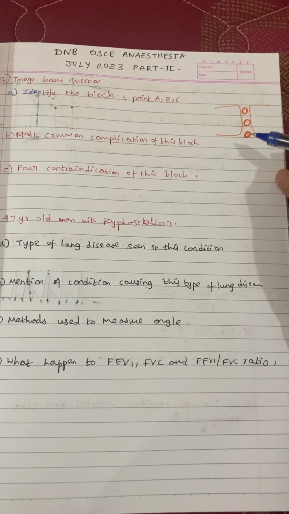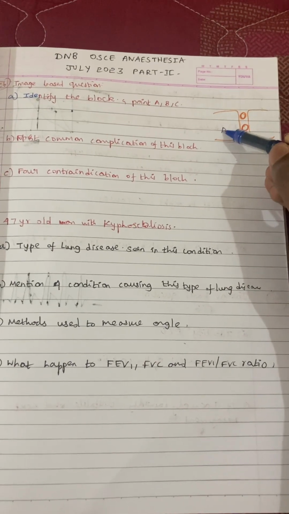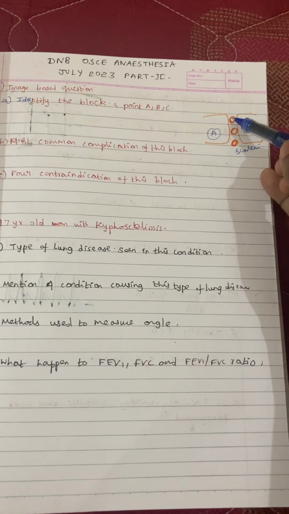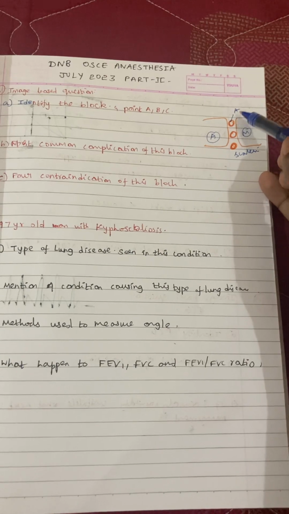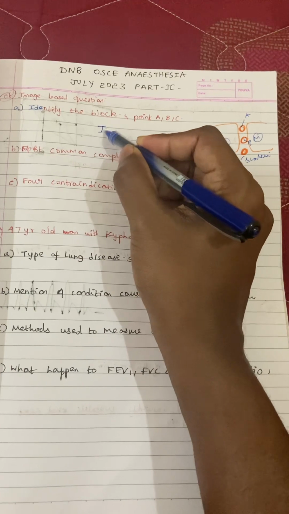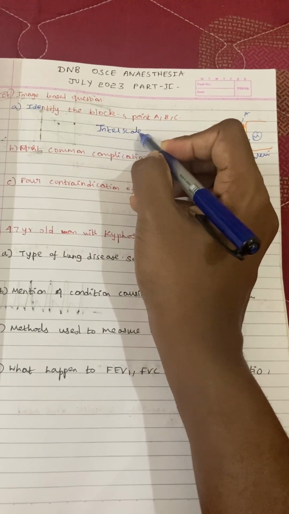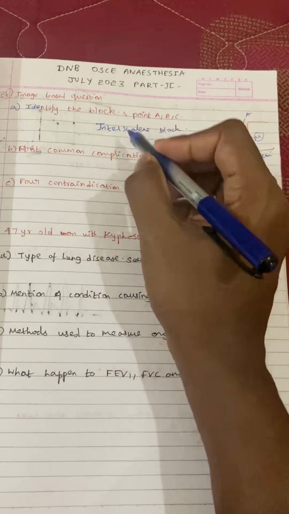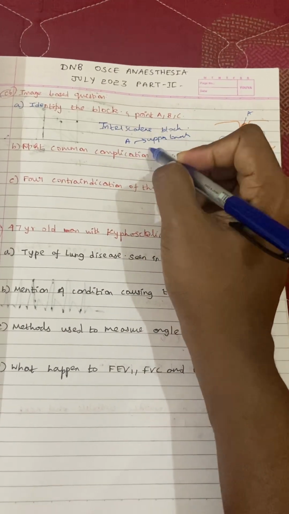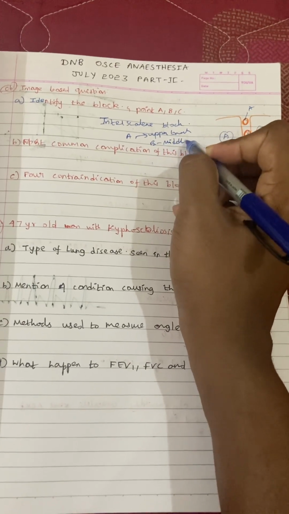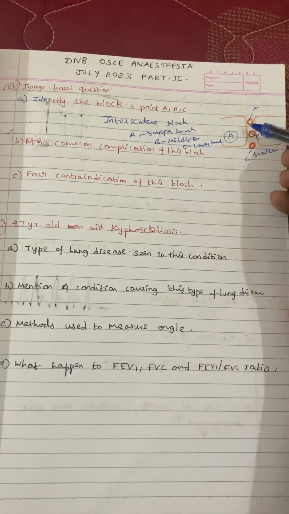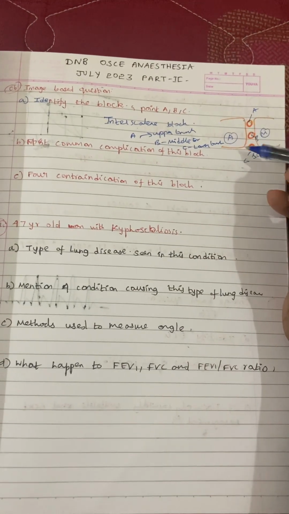They have given an ultrasound image showing the anterior and middle scalene muscles, with marks A, B and C. The block identified is the interscalene brachial plexus block, with A pointing to the upper trunk of the brachial plexus, B to the middle trunk, and C to the lower trunk.